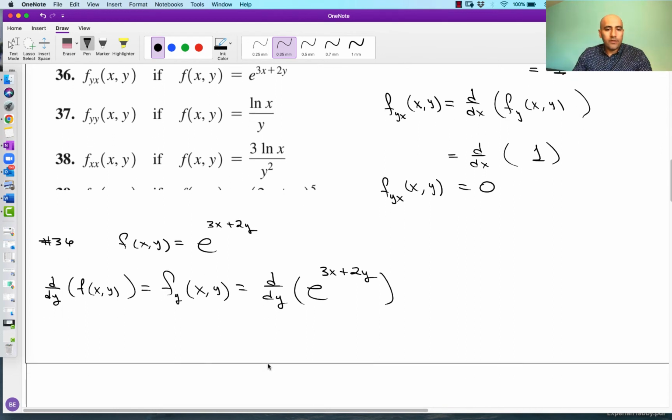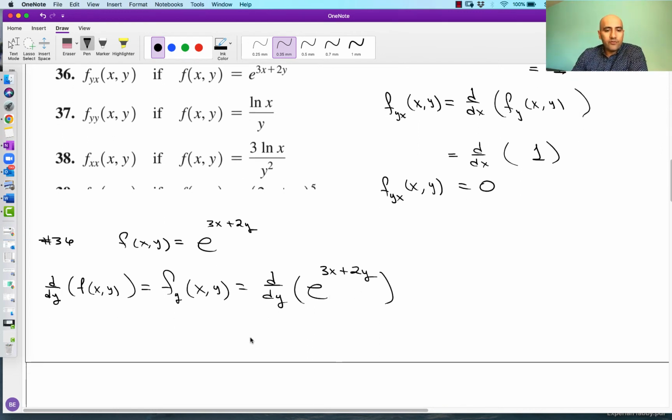Good. All right, so then this derivative should be easy. This is going to be equal to, copy it, e to the power of 3x plus 2y times, the chain rule says now we got to multiply this times the derivative with respect to y of the exponent, which is 3x plus 2y.